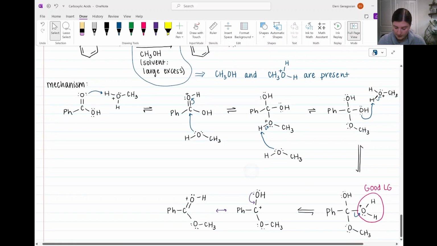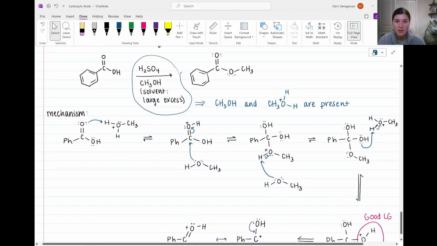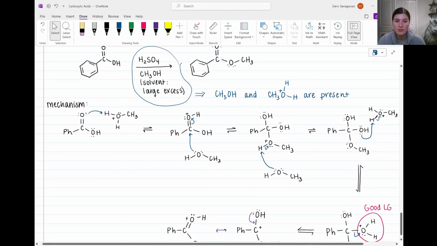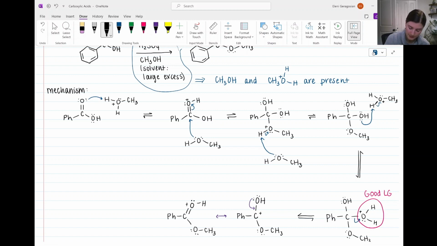But now, if you look at this molecule, and I'll scroll up and look at our desired product, the only difference between this molecule and our desired product is that proton bonded to that double bonded oxygen. So our last step here is to remove that proton, and we can do that with a neutral solvent molecule because this is a better proton acceptor than the protonated solvent. So that will take the proton from the oxygen, and we've generated our final product.